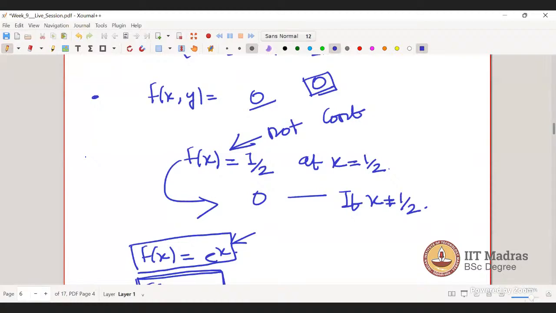That is the reason it is not differentiable. So is the same definition valid for the partial derivative? Yes, the definition in one variable calculus and in two variable calculus are the same. There is not much difference in the definition. Okay, sir.